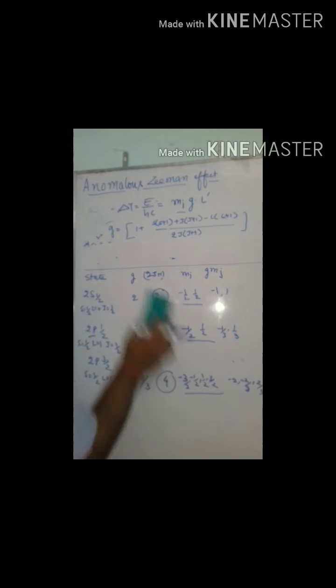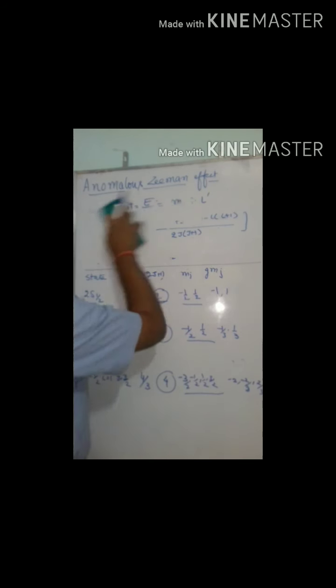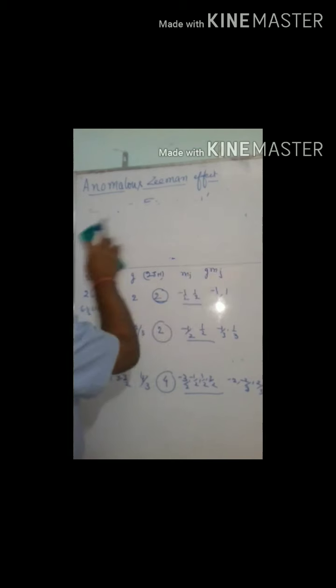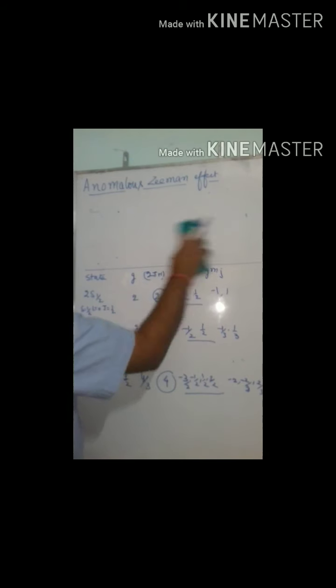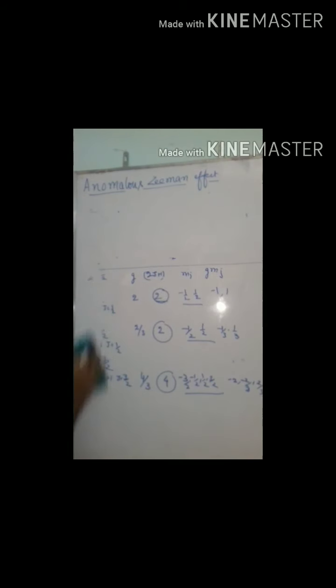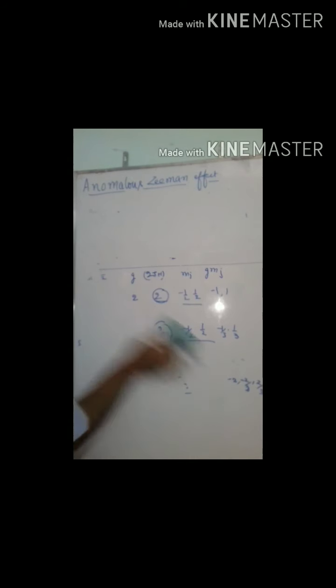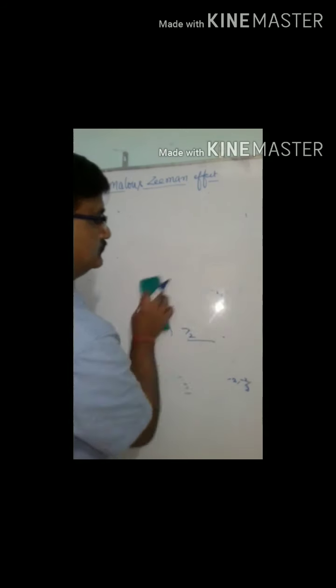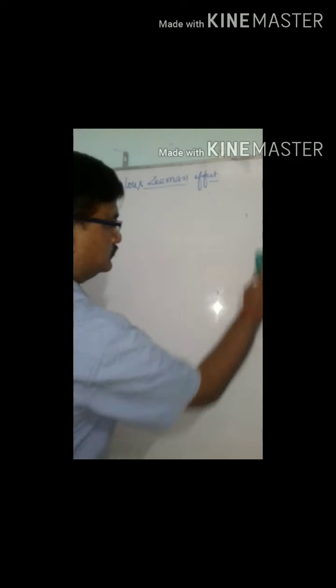So if I draw the fine structure, meaning the possible transitions, I can write them like this. Here there were 2 lines.